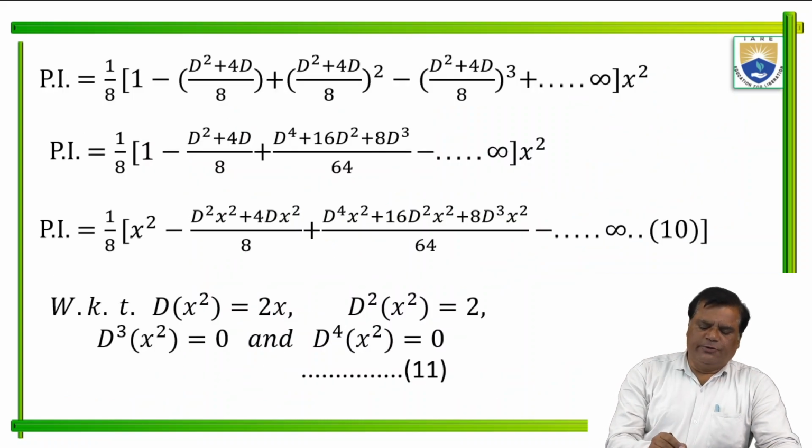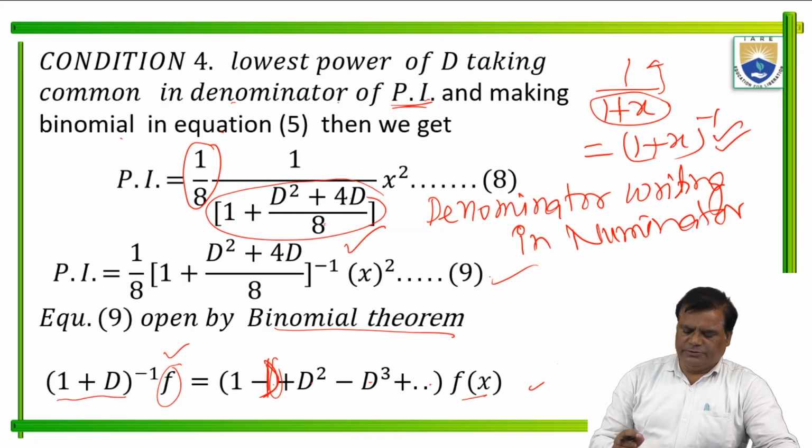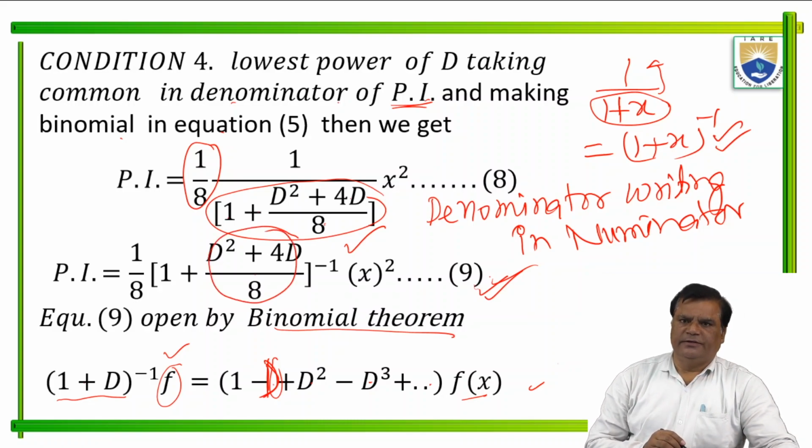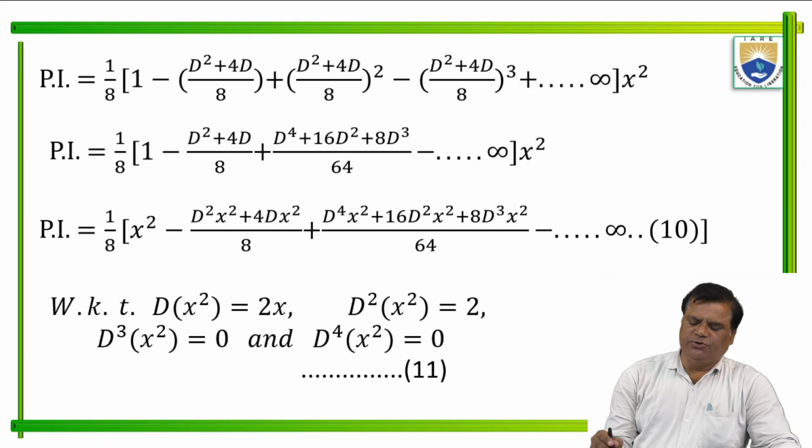Now PI equal to 1 upon 8. Same formula I am applying here, equation 9. Same formula. So this is D in total, (1 plus D) to the power minus 1. So I am writing 1 minus D plus D square, whole square, plus D cube, whole cube, and so on up to infinity.